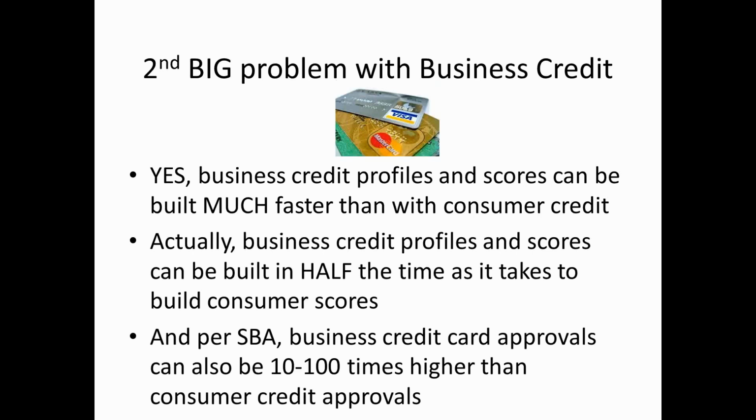Okay, now as per SBA, business credit approvals can be 10 to 100 times higher than consumer credit approvals. So you talk about another benefit business credit provides. I mean, it can be built in half the time of consumer credit. Okay, plus the limits on the approvals are 10 to 100 times higher than normal. And that's not per me, that's per SBA themselves.